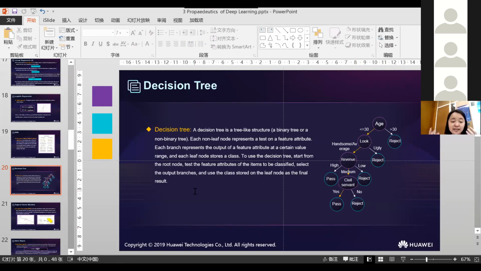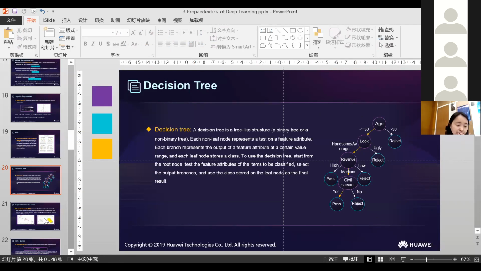This is just an example of a decision tree. There are a lot of decision trees, and we can choose the best attributes according to information gain or according to another criterion like Gini.